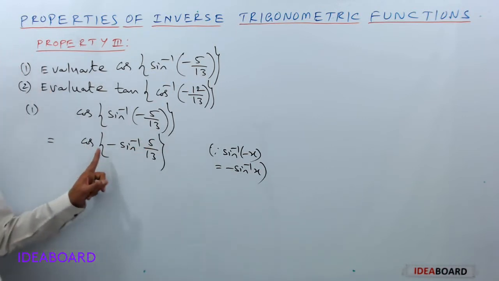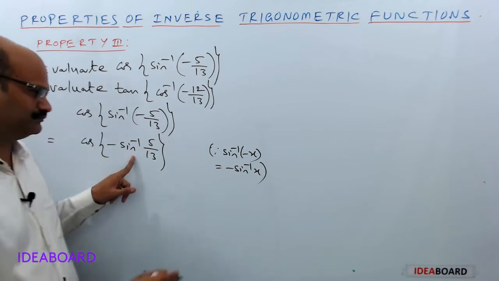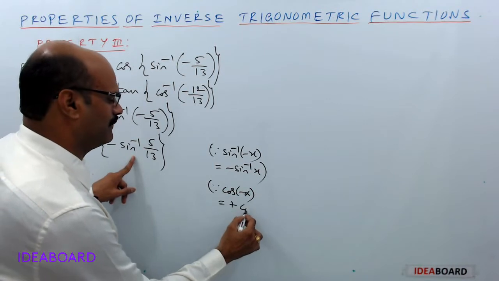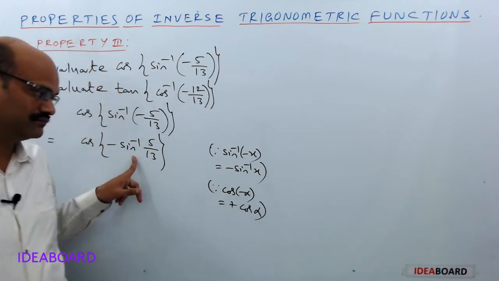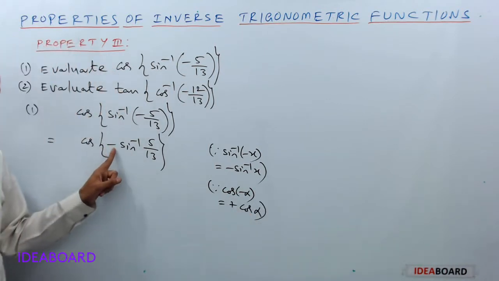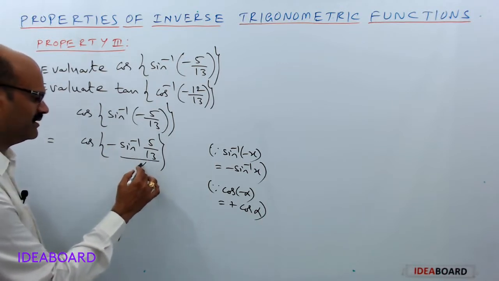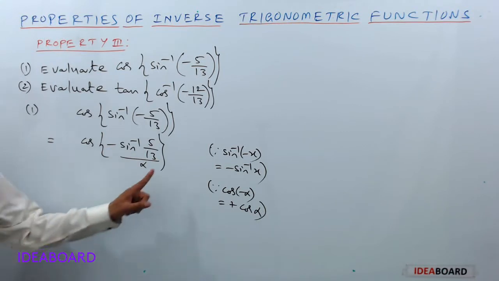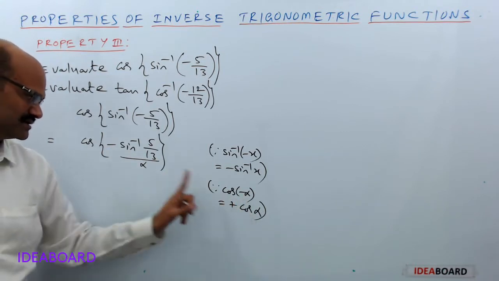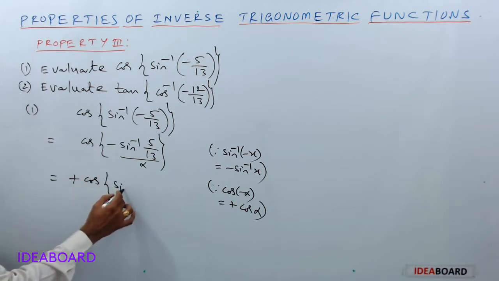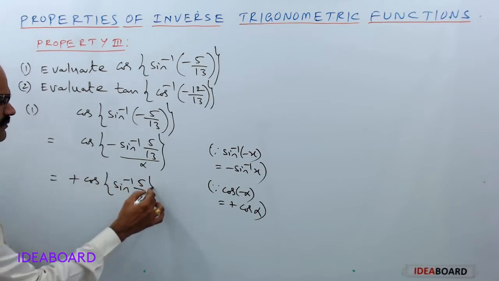We know that cos of minus alpha equal to plus cos alpha, where sin inverse of 5 by 13 equal to alpha. So it's equal to cos of sin inverse of 5 by 13.